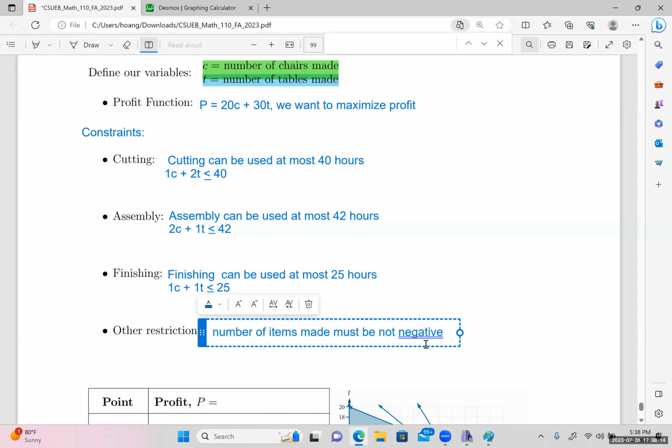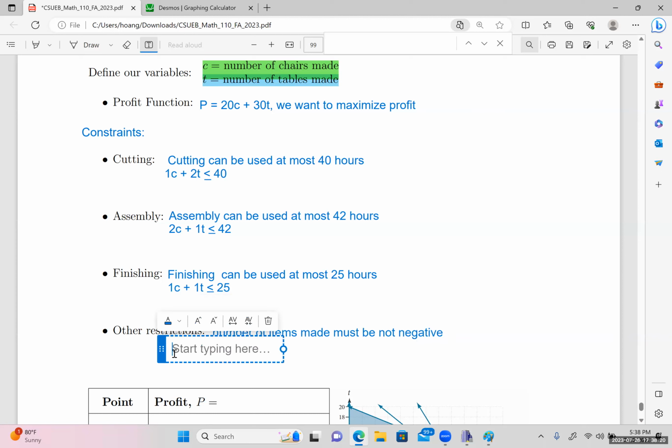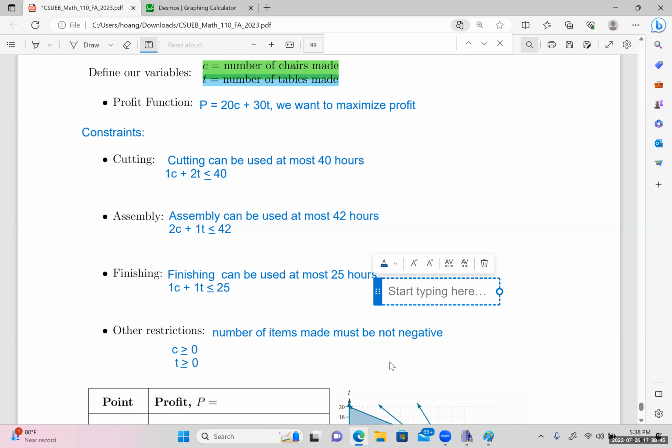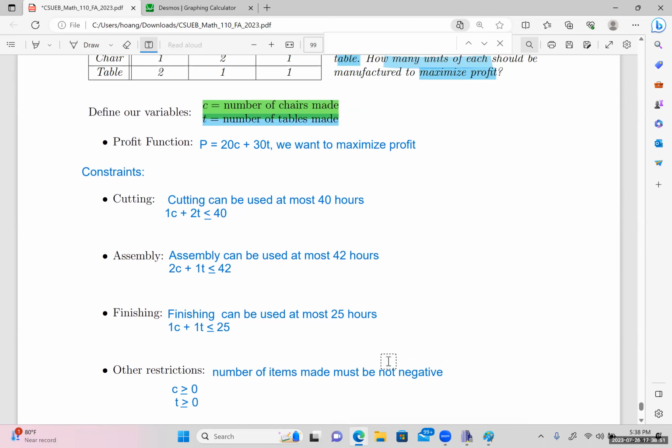So according to that, I can have C greater than or equal to 0 and T greater than or equal to 0. All right, so that's it. Okay, so combine all that.